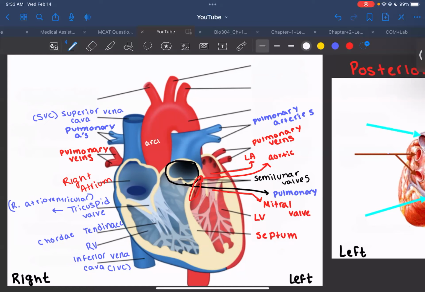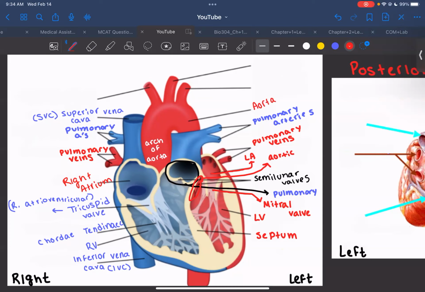This is the arch of the aorta. That's where blood is coming up, and there are actually two coronary arteries that come off of that to supply the blood to the actual heart. So not to the body, but to the heart. I just wanted to mention that, but you can't see it here. And they're just calling this the whole aorta.